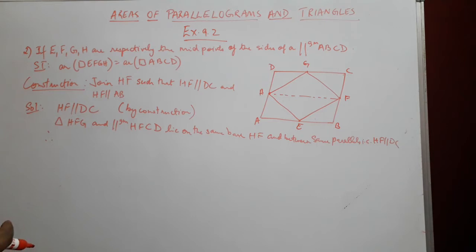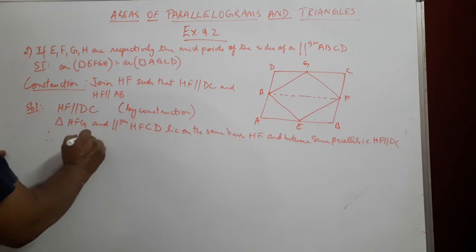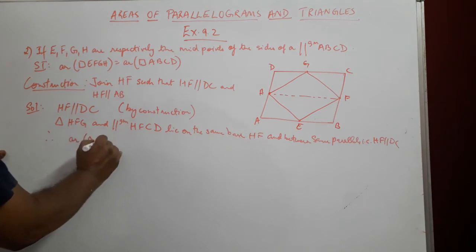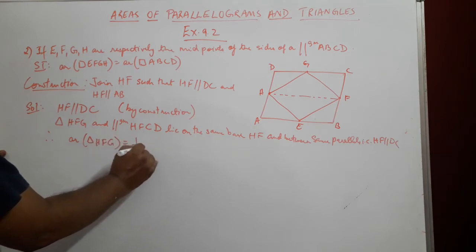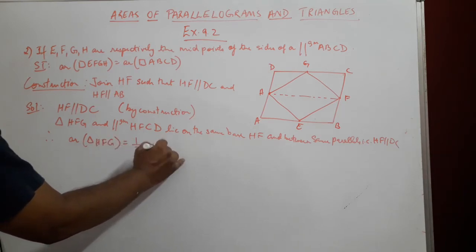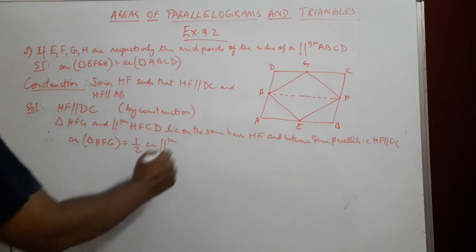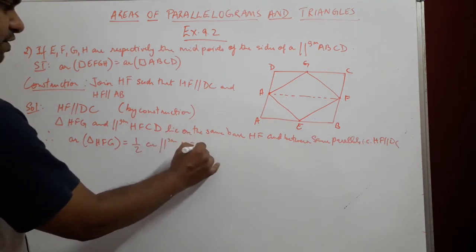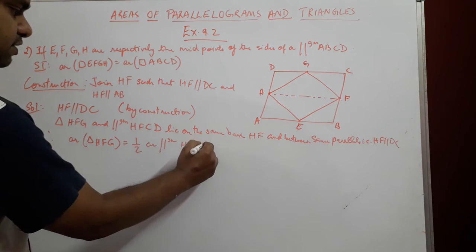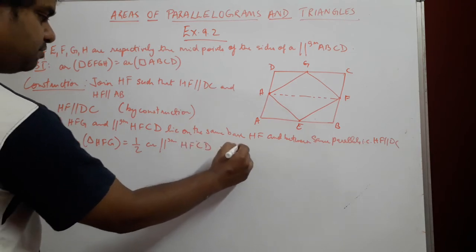So we write: area of triangle HFG is half of area of parallelogram HFCD. I mark this as 1.